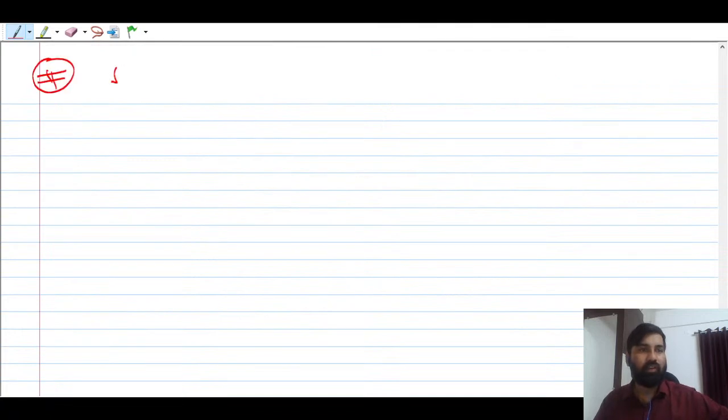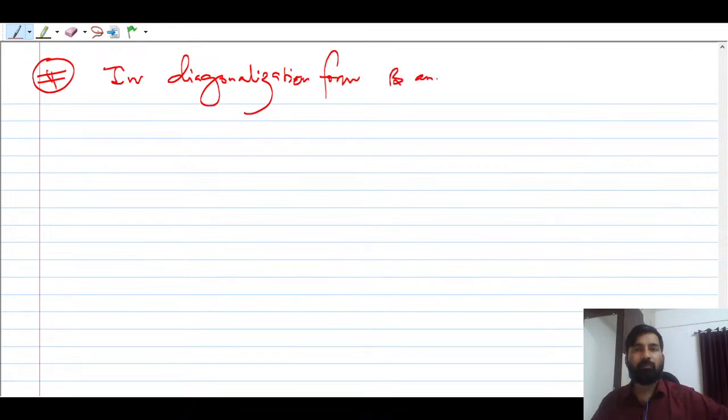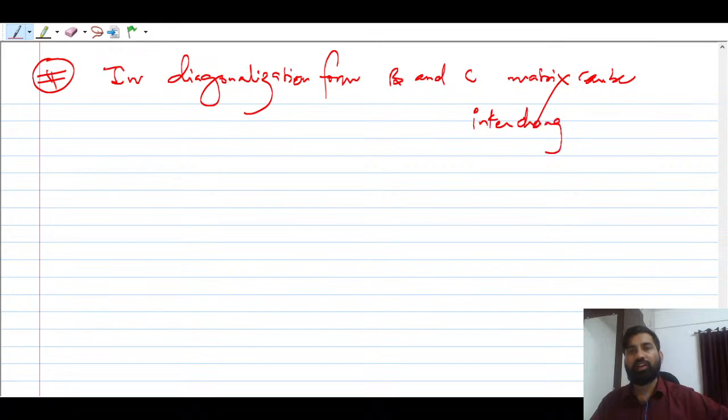In diagonalization form, the B and C matrix can be interchanged, right? So in the question, if suppose the B matrix and C matrix are placed the other way, you don't have to worry about that.